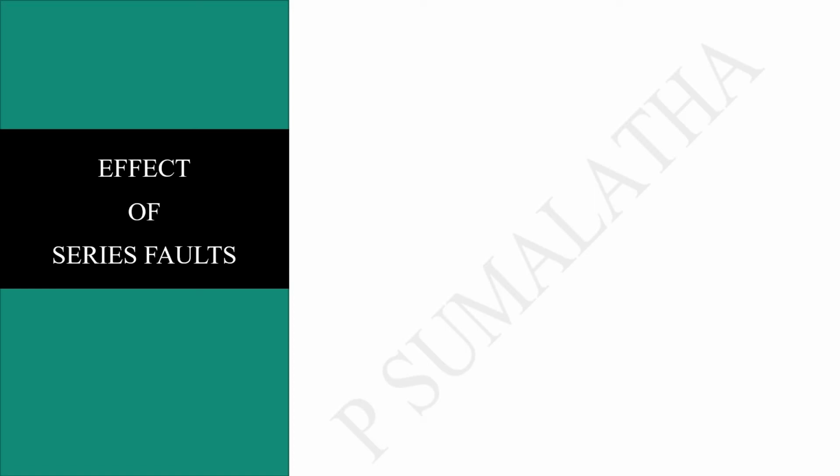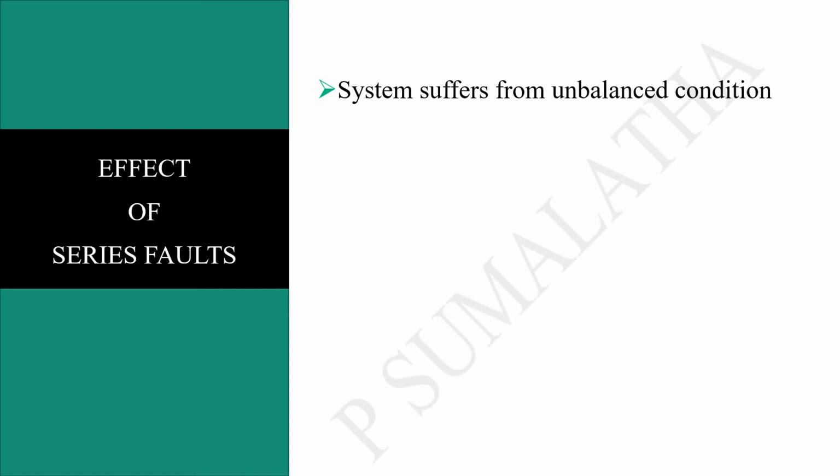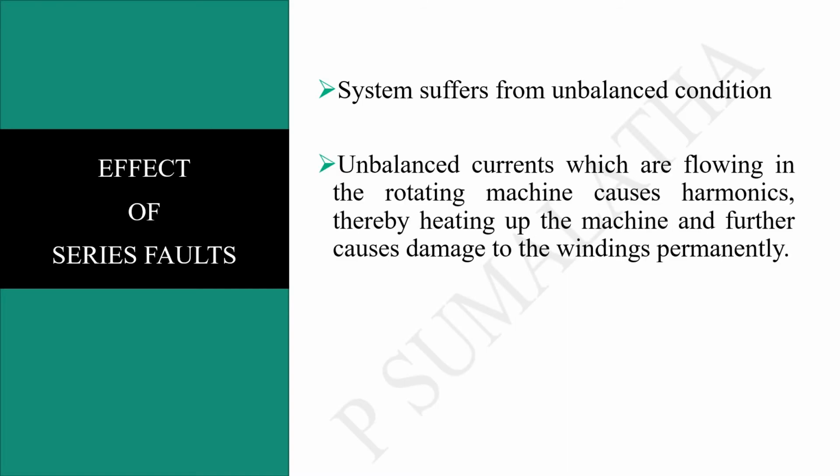What will happen if the series fault occurs in the power system network? This series fault causes the system to be unbalanced. So what will happen if the system moves to the unbalanced condition? Because of the unbalanced condition of the system, unbalanced currents start flowing in the rotating machines.